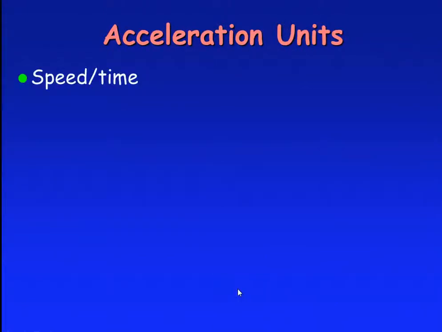Okay, so acceleration units are in general speed divided by time. So meters per second per second, you will see. That's the same thing as a meter per second squared, and I encourage you to do some algebra to convince yourself that that is true.